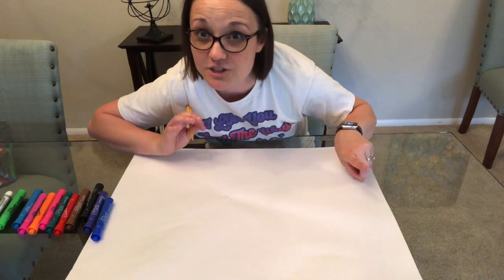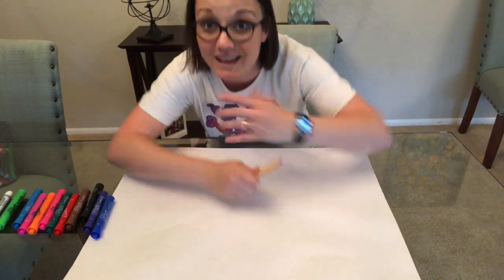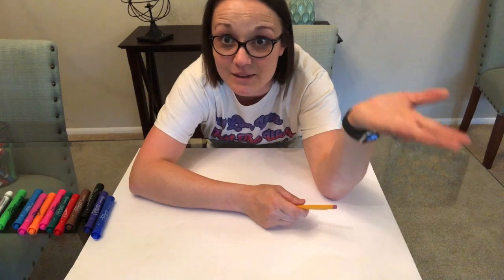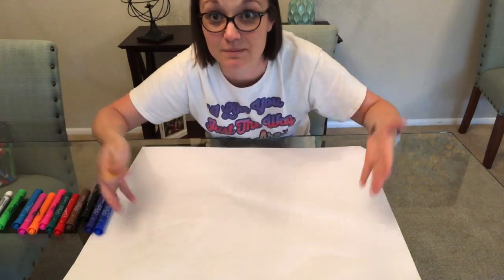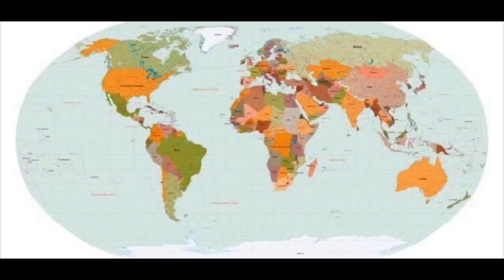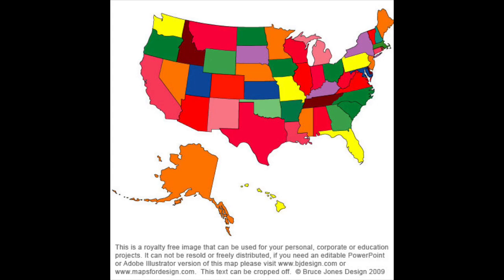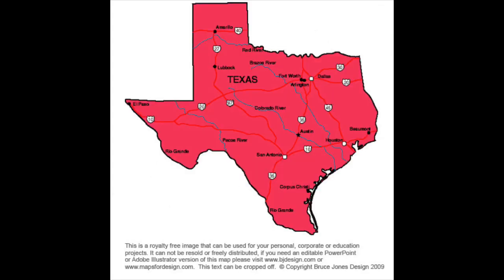Because maps can be kind of tricky. Now, what is a map, right? Well, a map is something that shows a place or a location. Now, there are all kinds of maps. There are maps of the world. There are maps of the United States, of different countries. There are maps of our state. There are maps of our city.